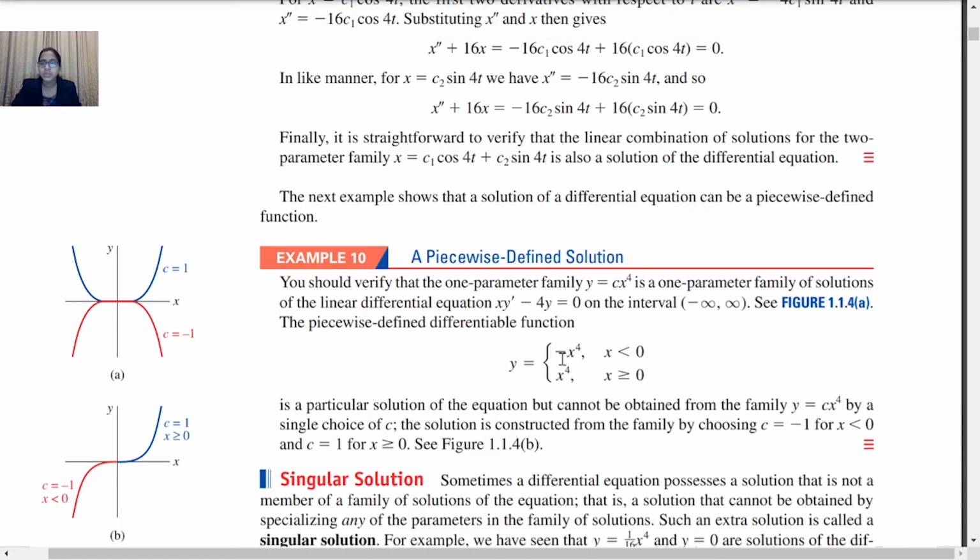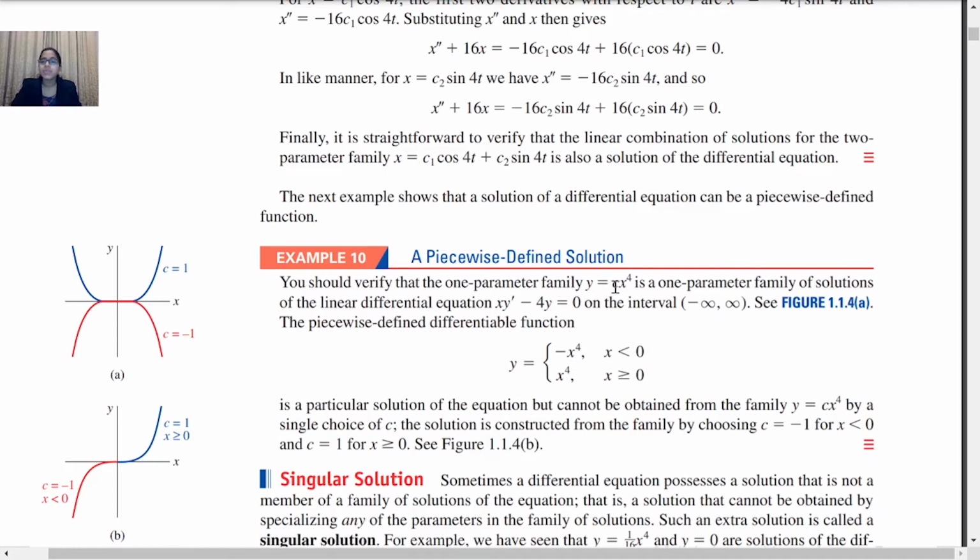I am putting c equal to minus 1 whenever x is less than 0, and c equal to plus 1 whenever x is greater than or equal to 0. So this is also a particular solution of the given differential equation.